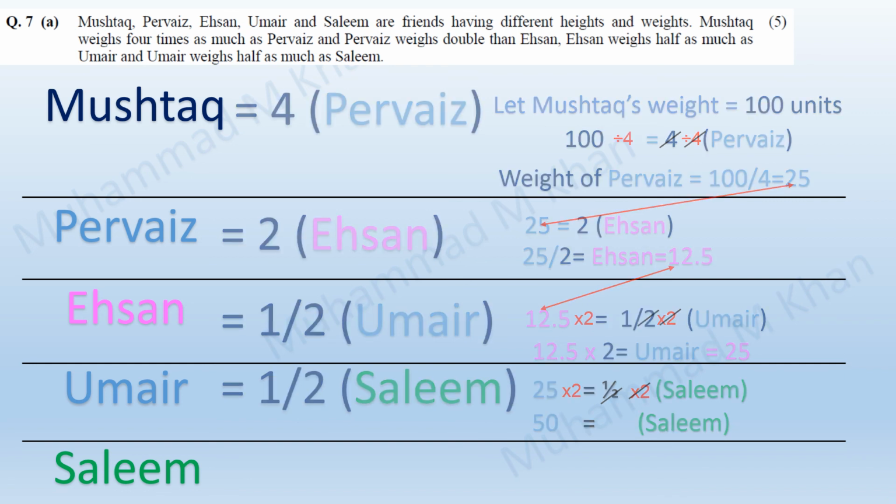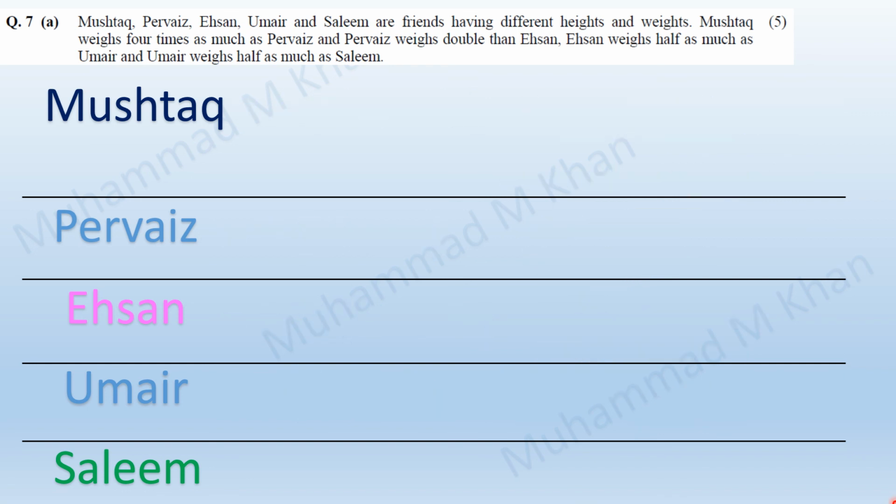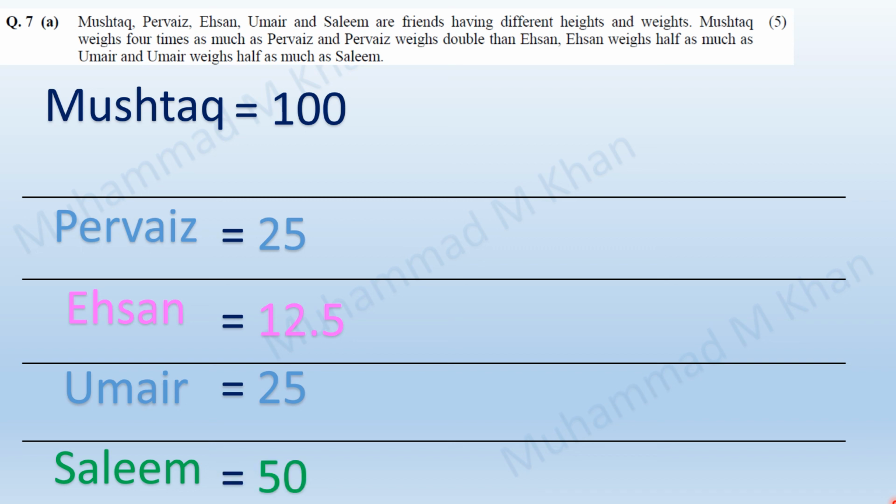Now we have calculated the weights of all of the friends, assuming that the weight of Mushtaq is 100 units. Then the weight of Parvez is 25, Ihsan 12.5, Umair 25, and Salim 50 units.